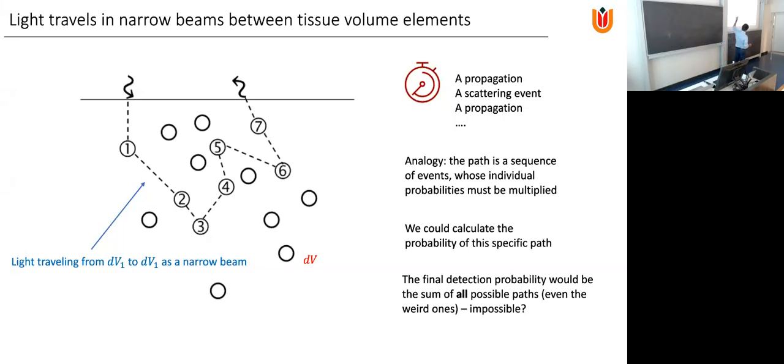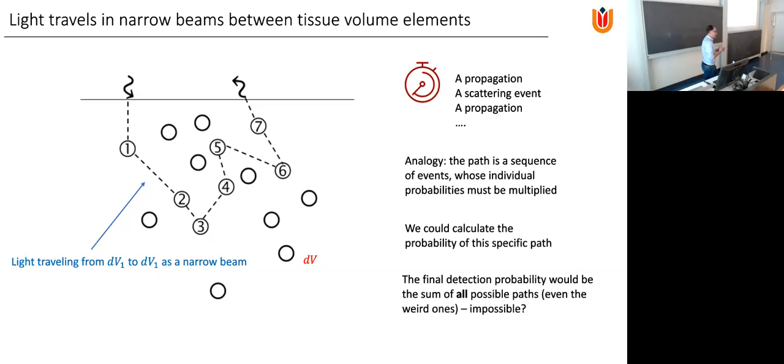So here too, the path of the photon is a sequence of events which all have an individual probability. To find the probability of this specific trajectory, we would have to multiply all these probabilities together. That allows us to calculate the probability of this very specific photon path.